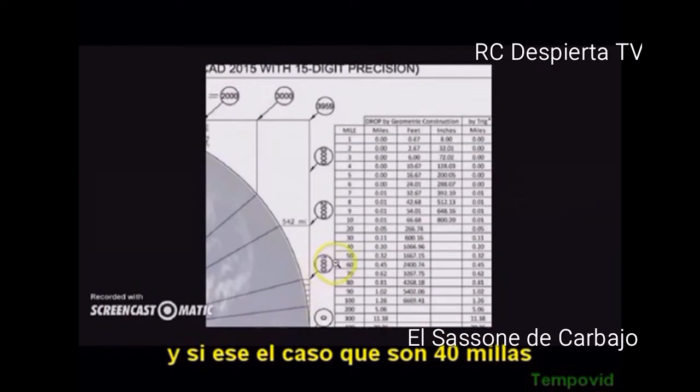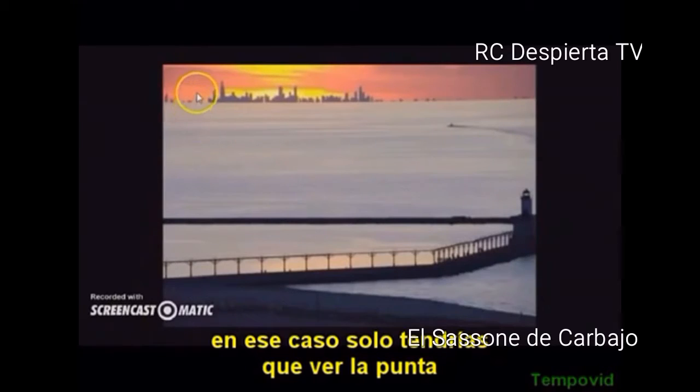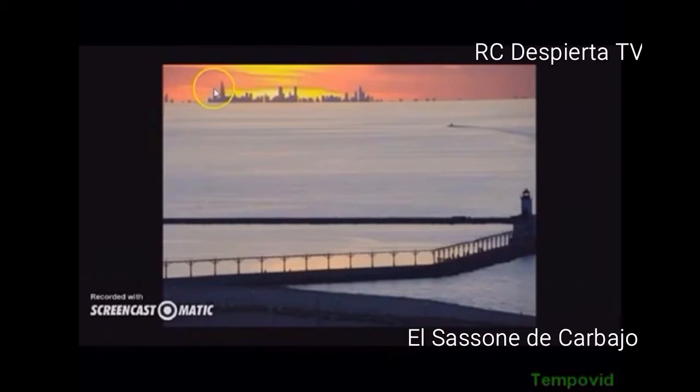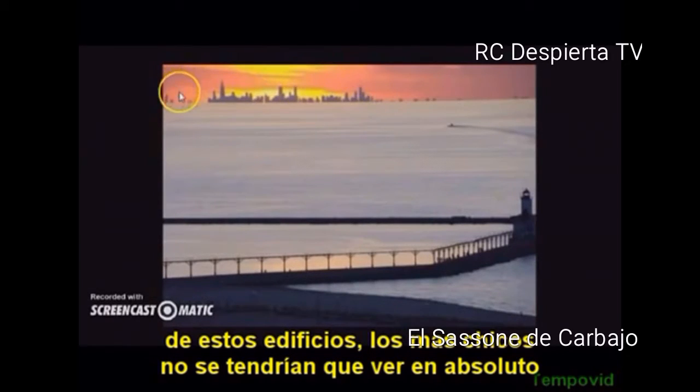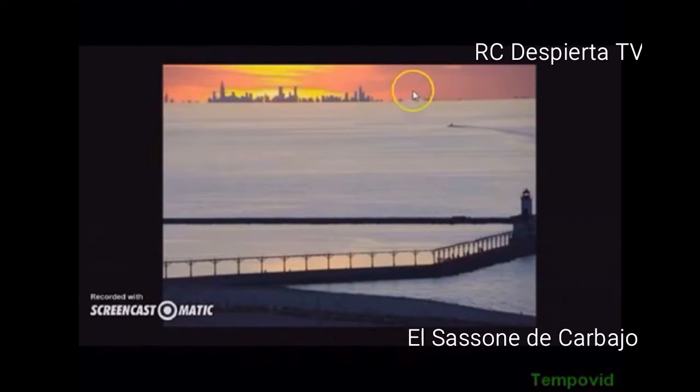So even if that's the case, at 40 miles, that's still a little over 1,000 feet behind the supposed curvature. So in that case, you should only see the very tips of these few buildings over here. The lower ones shouldn't be in view at all. So clearly, again, it doesn't add up with what the meteorologist is saying.